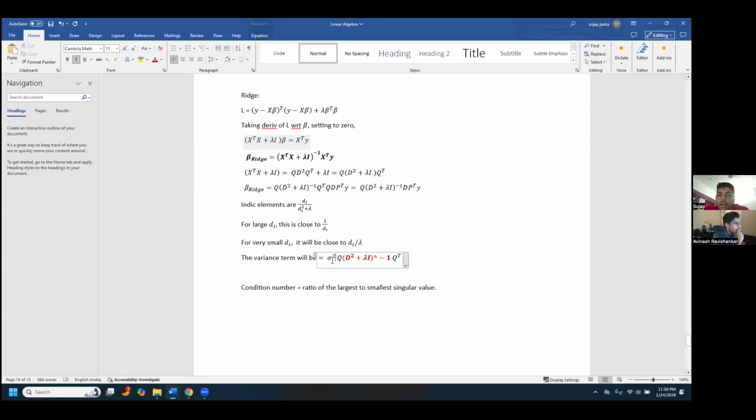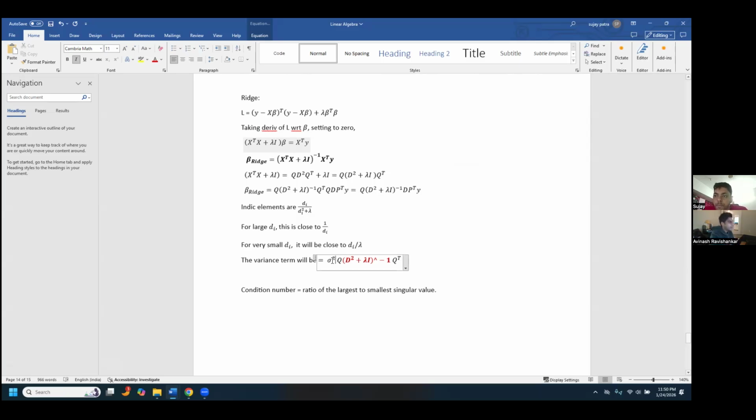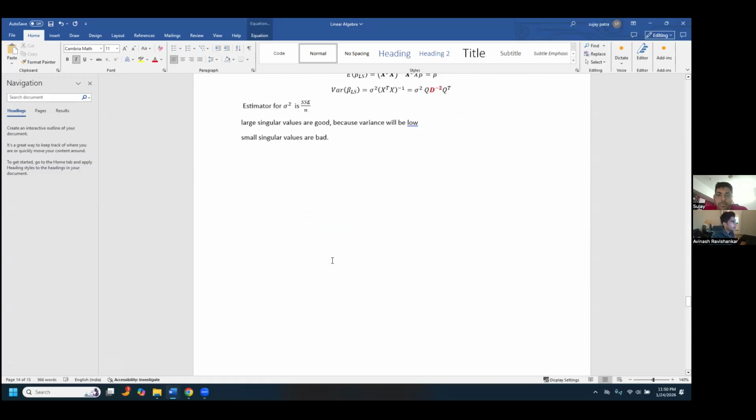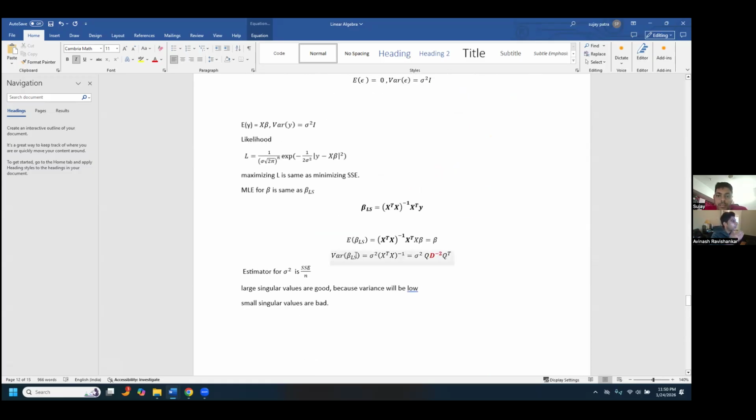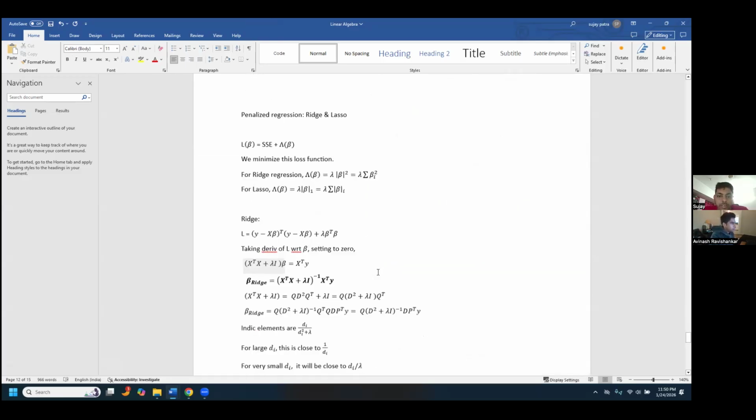Sigma square is the variance of the error. This is the variance of the beta hat, the quantity like we derived last time, the variance of beta hat LS. Yes, I'm with you. So that's what it is.